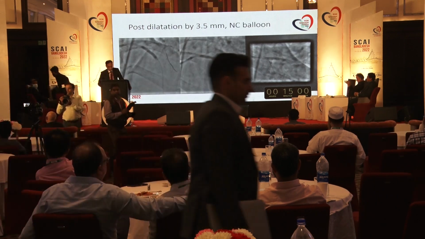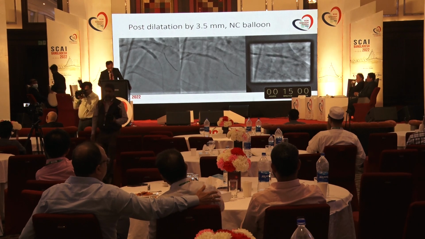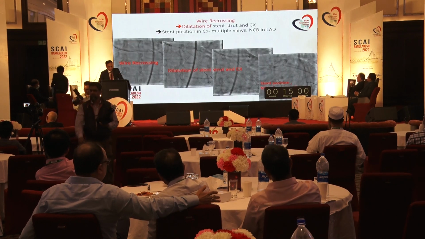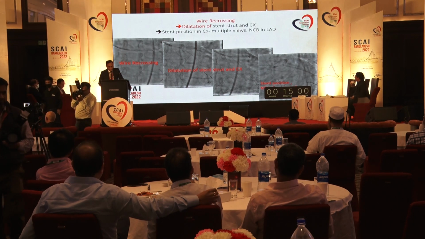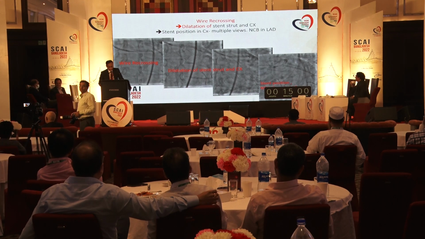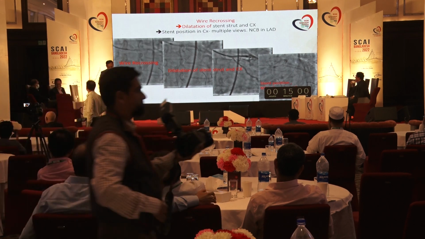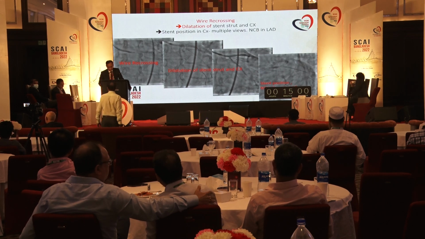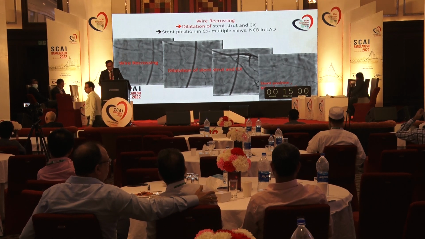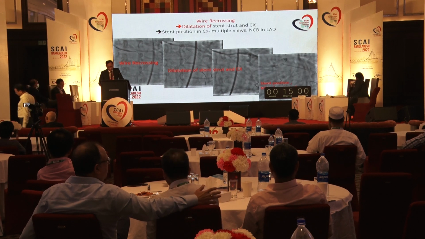Left main POT in the left main was done at that time, also with a smaller balloon. Now wire recross to the LCX. The LCX was pre-dilated and the stent in the LCX is positioned, a 3.0 by 32 mm drug-eluting stent.